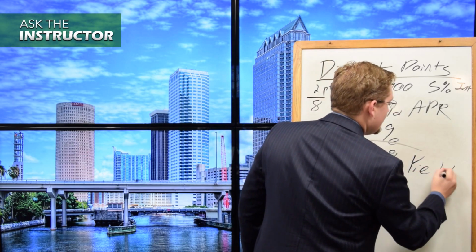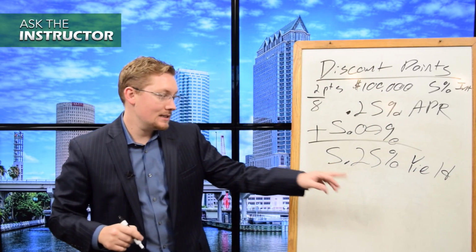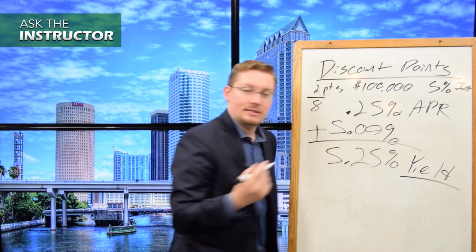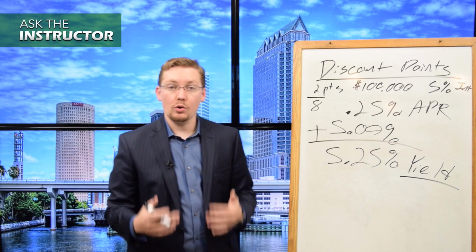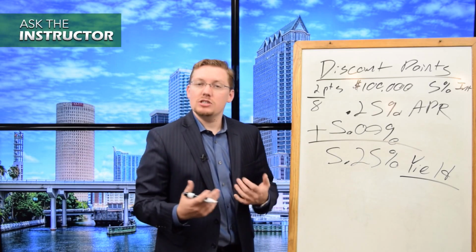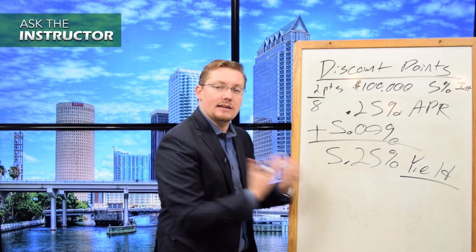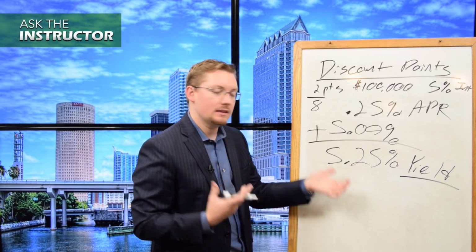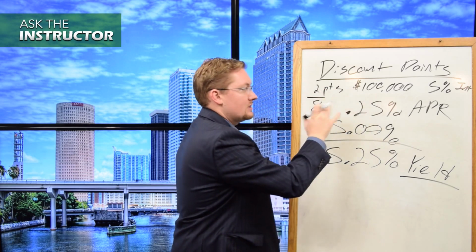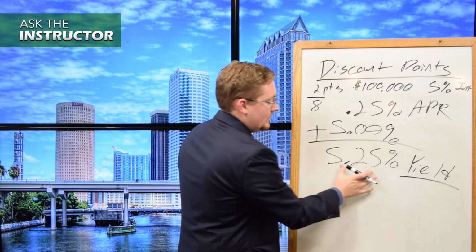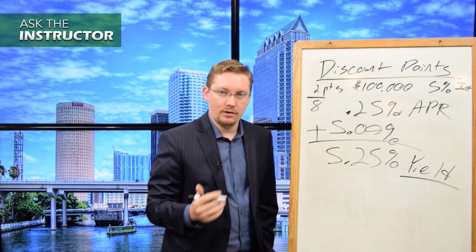And if you're taking the exam and trying to study for the exam, that's probably going to be the word you see when they're asking what this number is. They're going to probably ask for the lender's total yield. Yield is just like return on investment. This would be the lender's return that they're getting on their investment, the yield. So by you paying that $2,000 up front as a borrower, that's increasing the lender's yield that extra 1/4%.